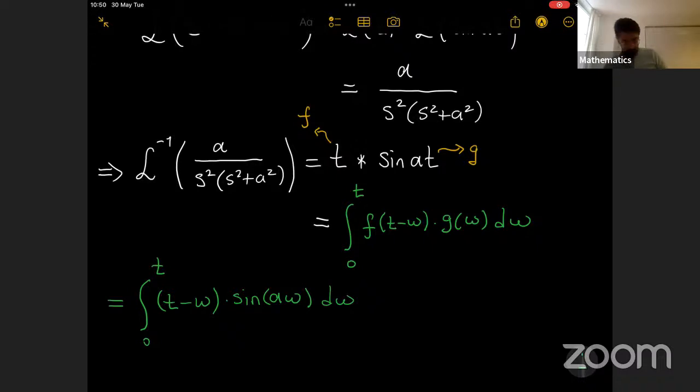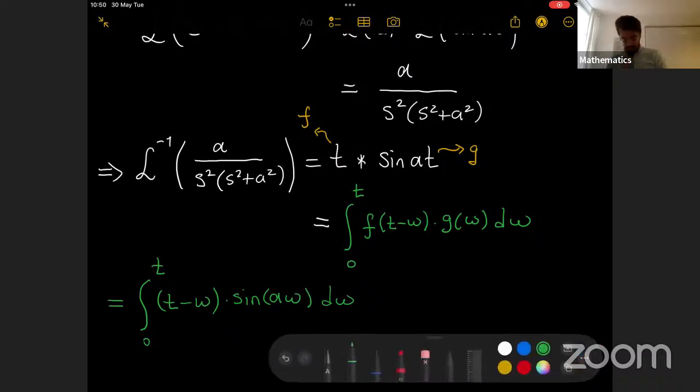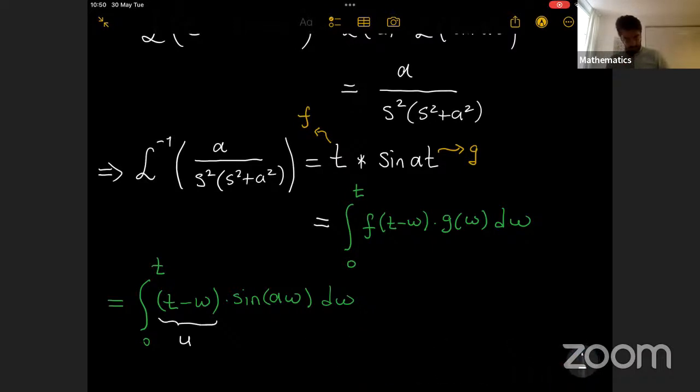Well, we will do this by integration by parts. So you can say this is u, we will get rid of this, okay? We will kill this by differentiating, and this is dv, let's say.